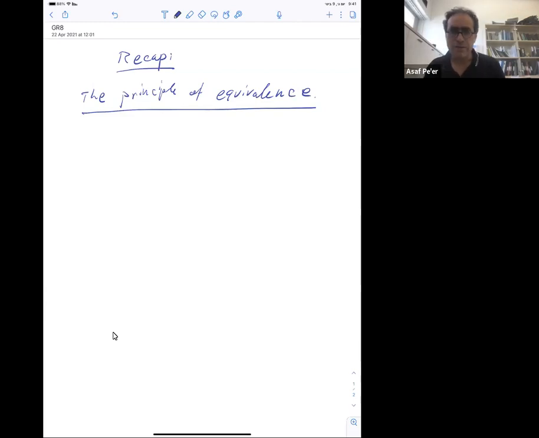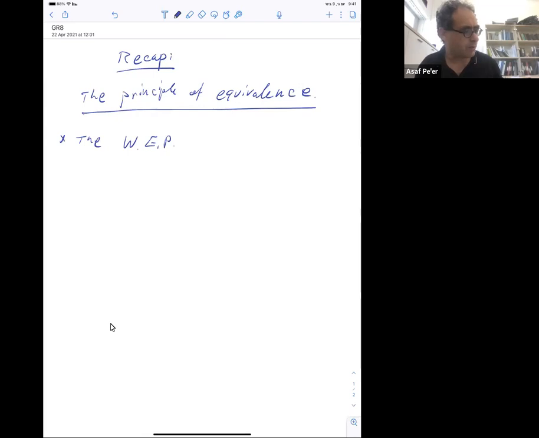But first things first, we start by doing a quick recap on the principle of equivalence. So we spoke about the equivalence principle, the weak equivalence principle.